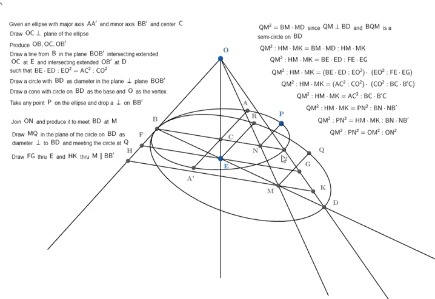Again, using similarity of triangles, we can say HM times MK is to BN times NB prime is equal to OM square is to ON square, which means QM is to PN is equal to OM is to ON. So what does that mean?